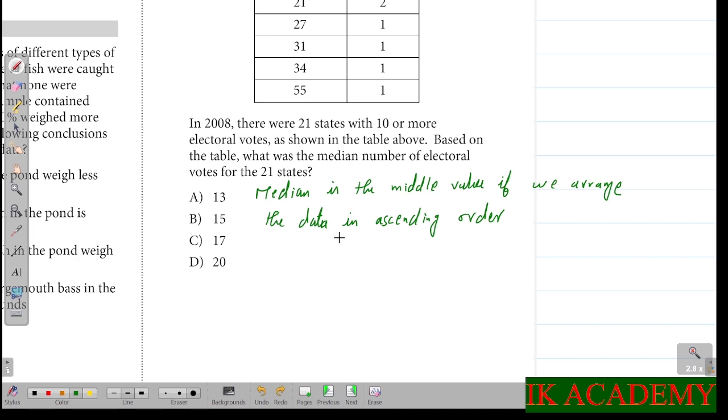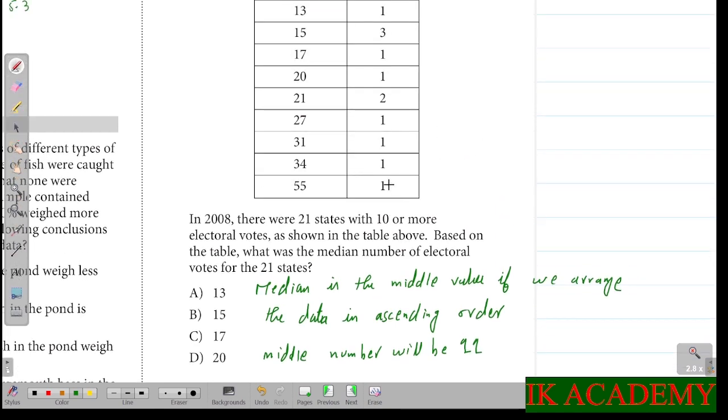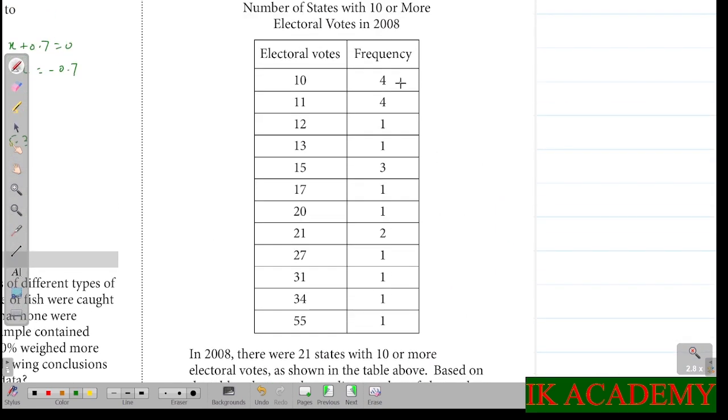As we have the 21 states, so the middle number will be 11. By counting the frequencies from the top to the 11th number, here we have 4 plus 4, 8 plus 1, 9, 10. Here in the electoral votes of 15, we get the 11th value.